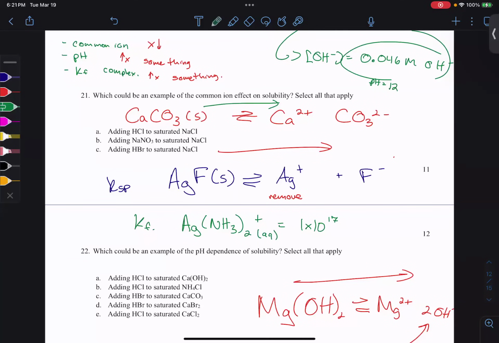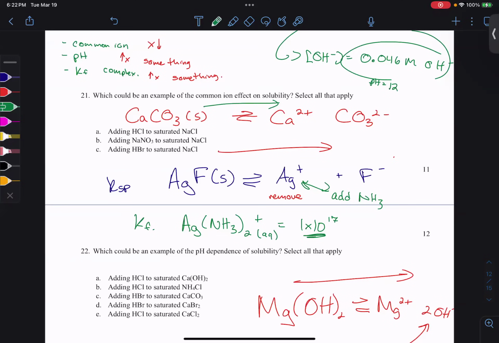If I add ammonia to this reaction, just like H+ reacted with a base, ammonia is going to react with Ag+. And I know that because its Kf is a really large number. So essentially adding ammonia removes Ag+ from this reaction. So if I remove a product, which way does the reaction go? Forward. The solid becomes more soluble. So it's the same reason.